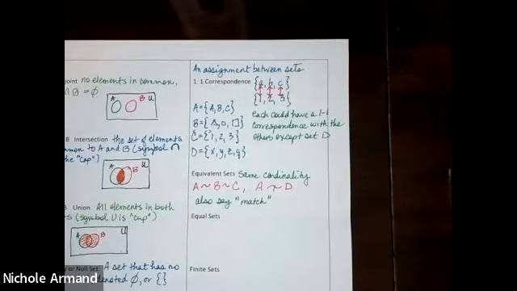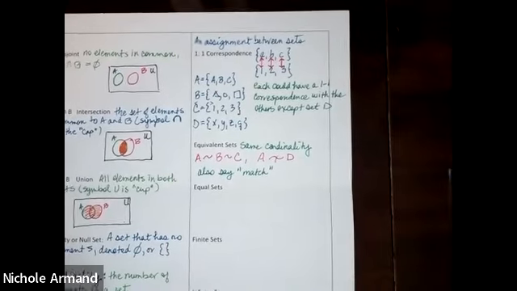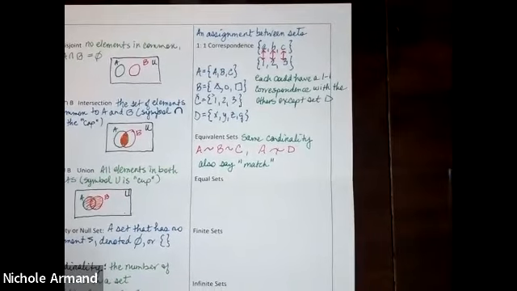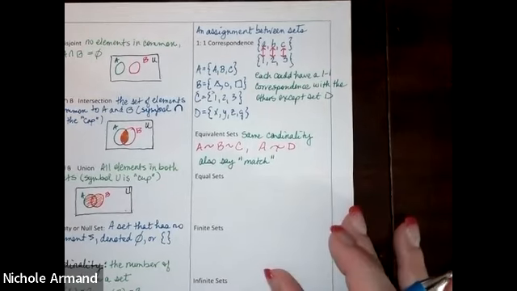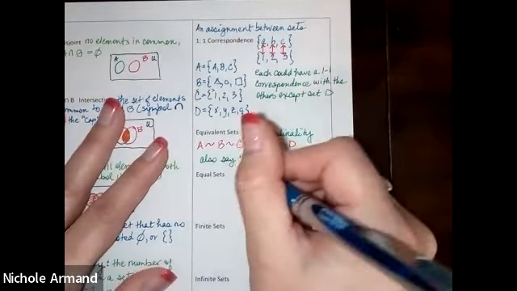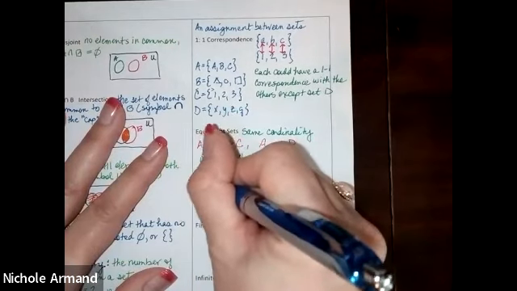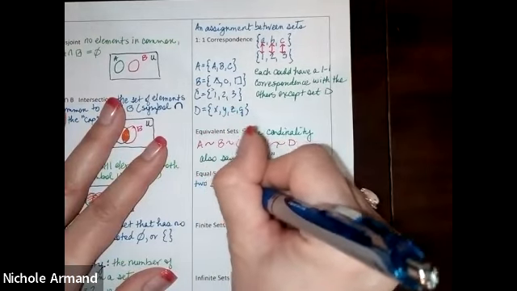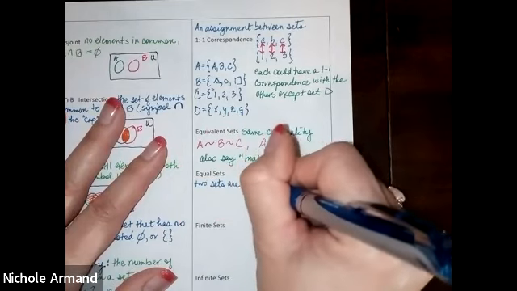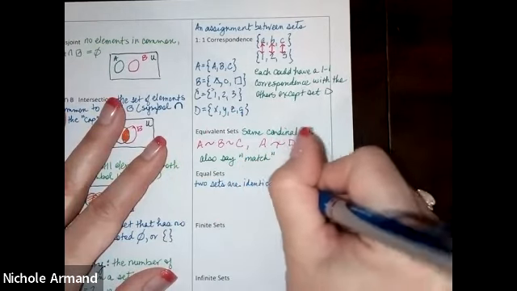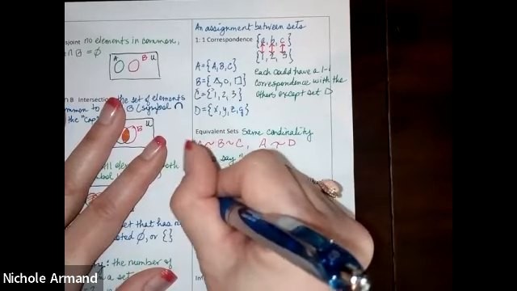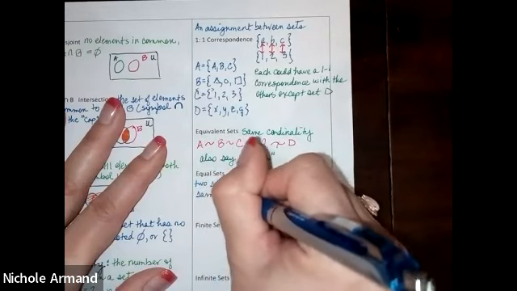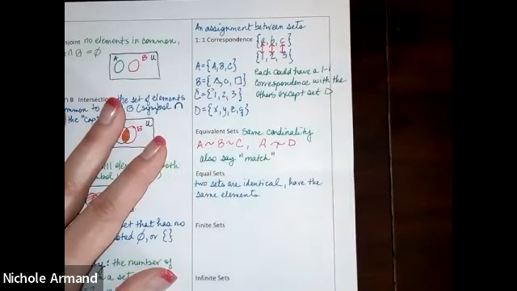So notice the difference here between equivalent sets and equal sets. When we use the word equal, then we are talking about two sets that are identical. They have the same elements, except that the order does not matter.